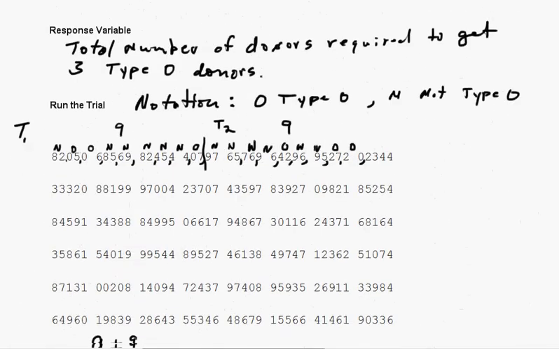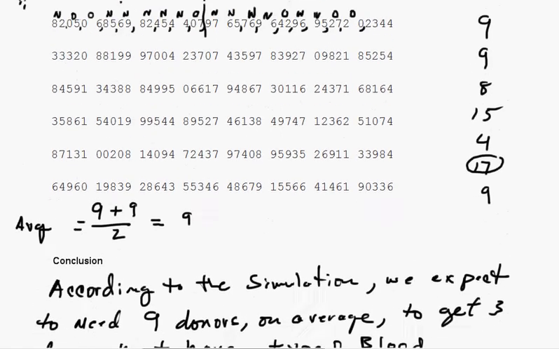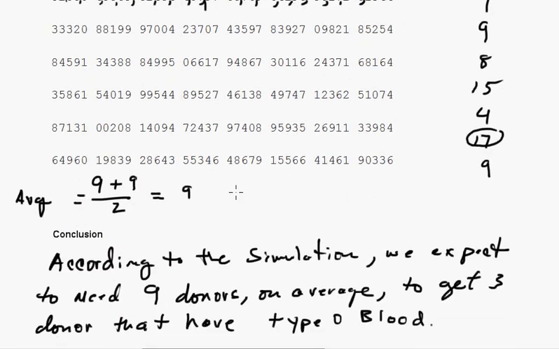If we had a 9 and a 9 and an 8 and a 15 and a 4 and a 17 and then another 9, then we would take the biggest number. To be sure, we would plan on 17. The average might be 9, but we would take the maximum for that kind of question. So you have to really look at the question to determine what kind of statistic you want to compute to answer the question.